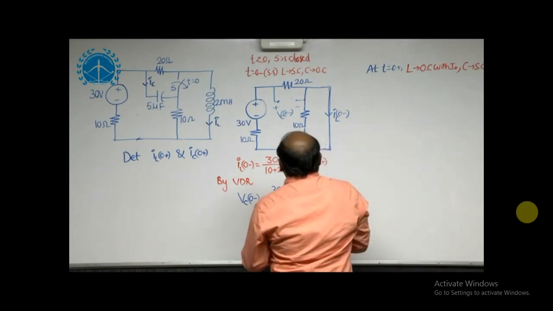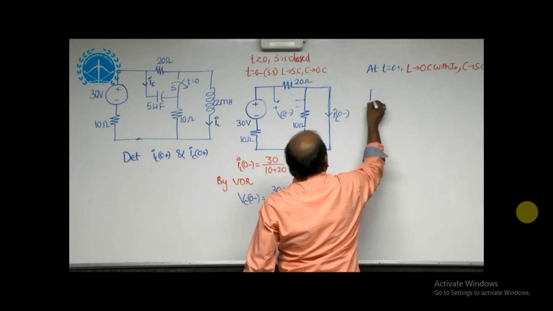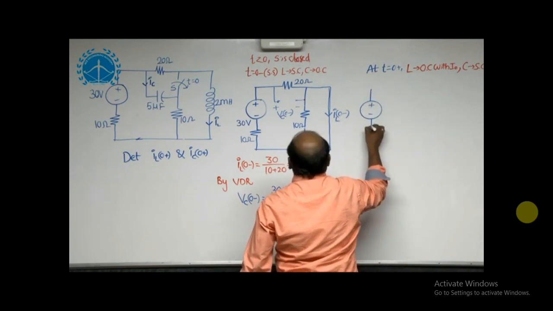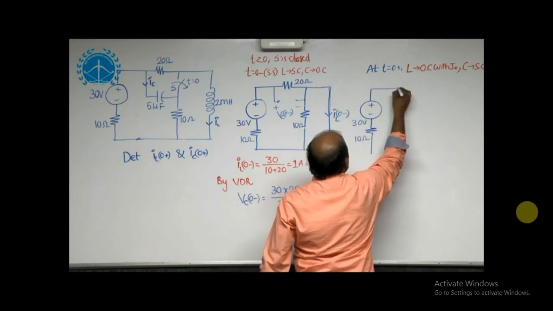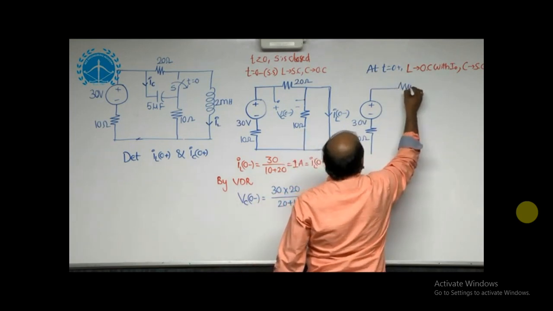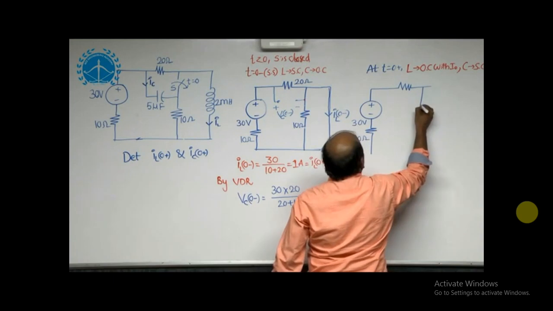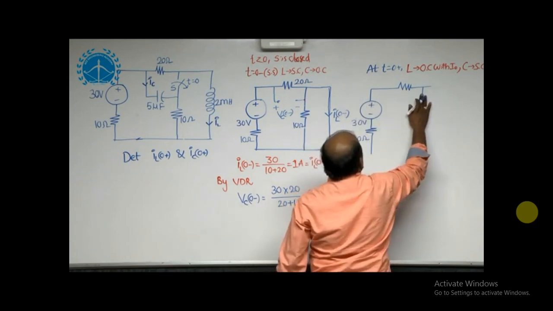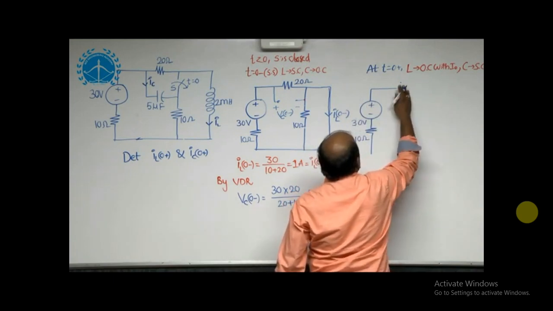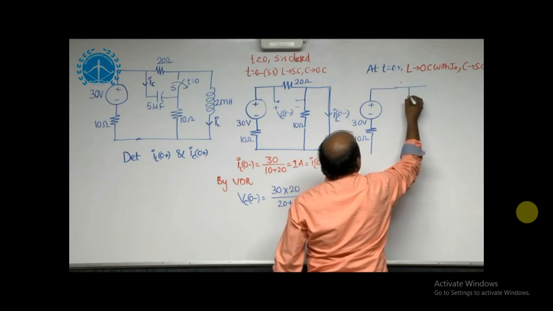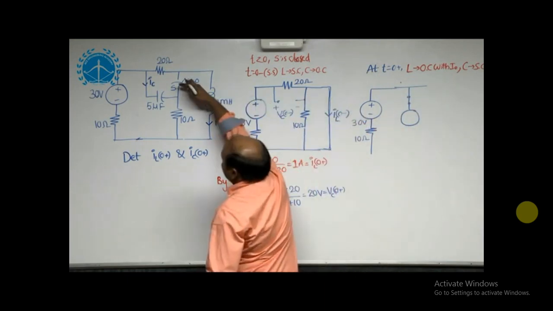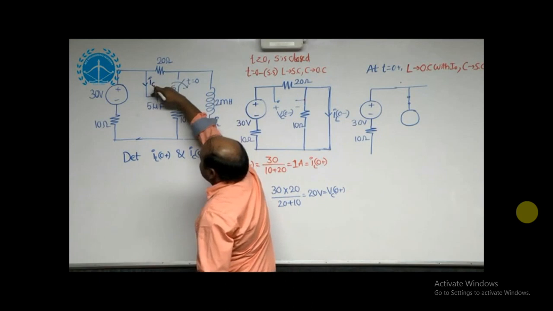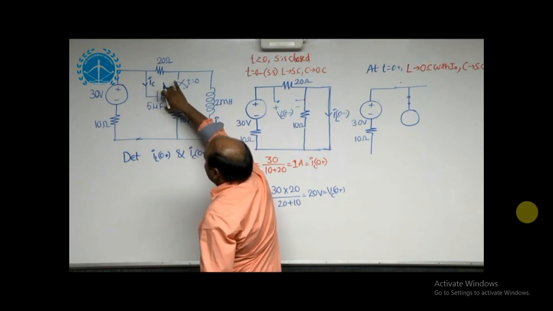Here we have the 30 volts and 10 ohms resistor, and this 20 ohms, and here the capacitor is there. According to the switching action, the switch is open, so we consider the capacitor as a short circuit with a series voltage source.